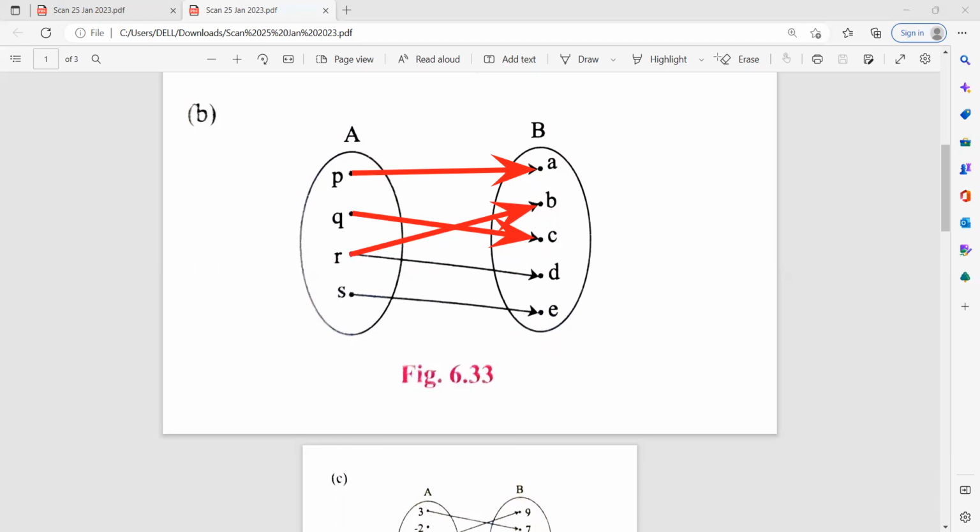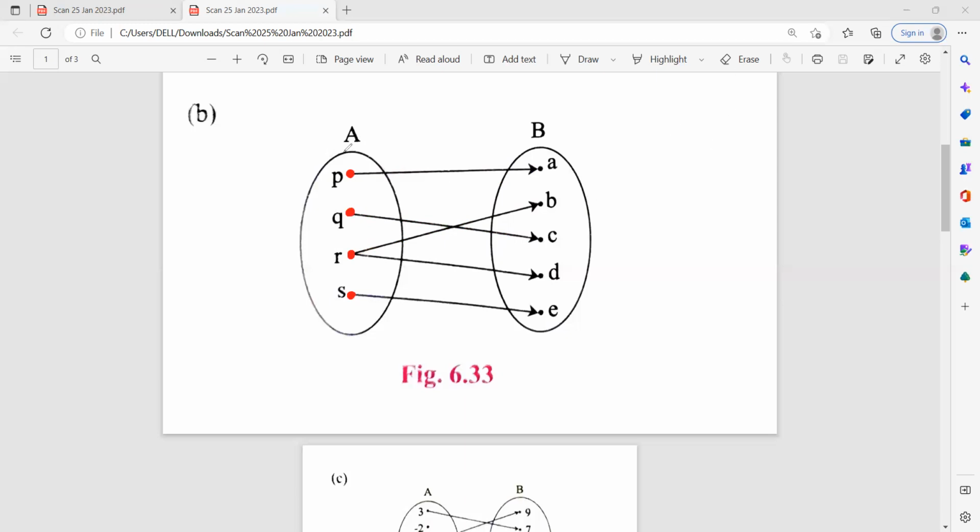Now here, all the elements of set A are having their images. All the elements of set A, that is P, Q, R, S, they all have images in set B. So the first condition is satisfied.